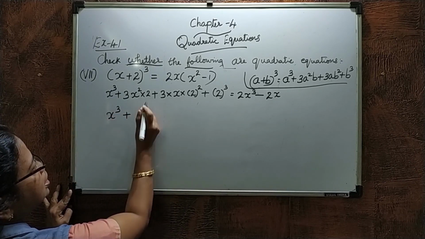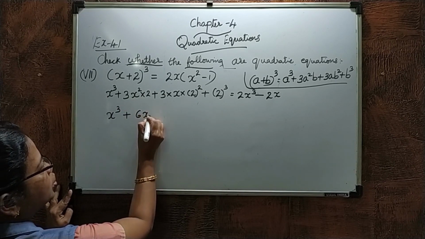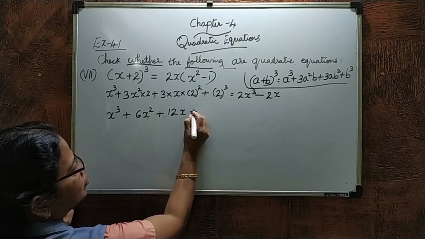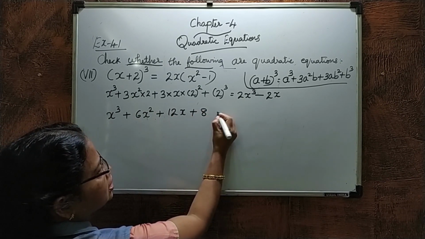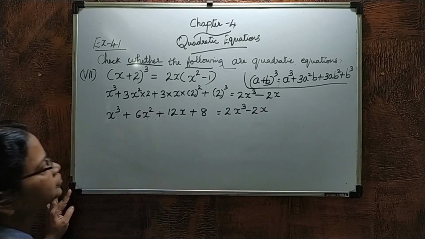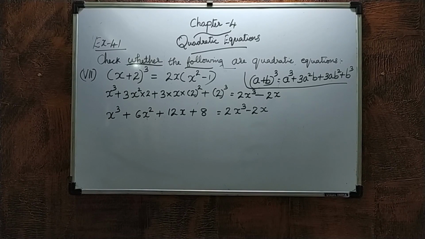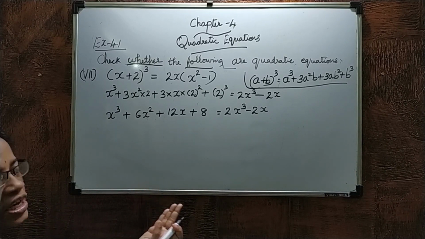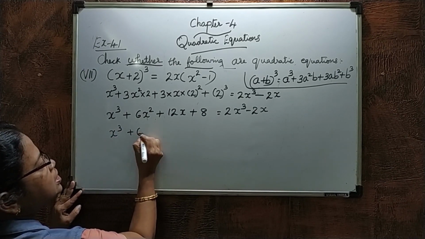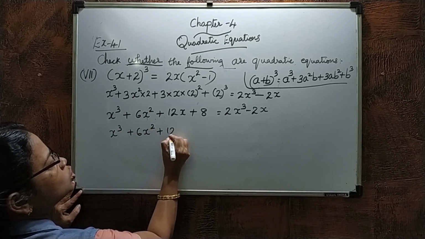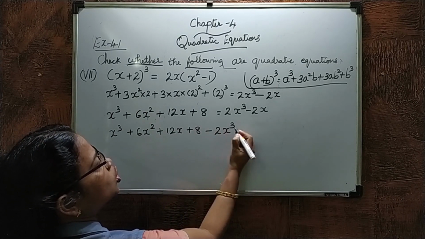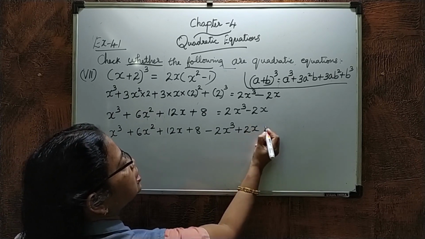X cube plus 3 into 2, 6x square, plus 3 into 4, 12x, plus 2 cube, it is 8, equals 2x cube minus 2x. Can you cancel anything? No. So we can take RHS to LHS. X cube plus 6x square plus 12x plus 8 minus 2x cube plus 2x equal to 0.